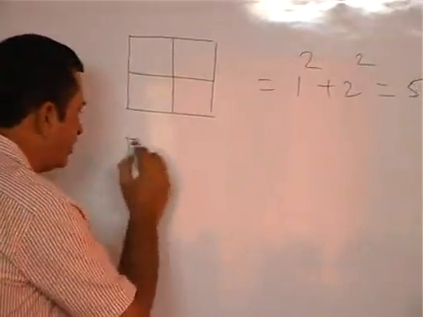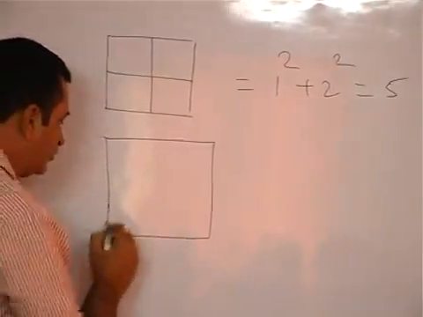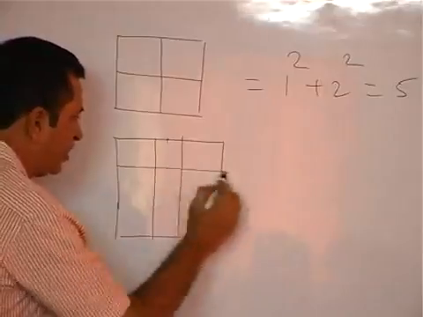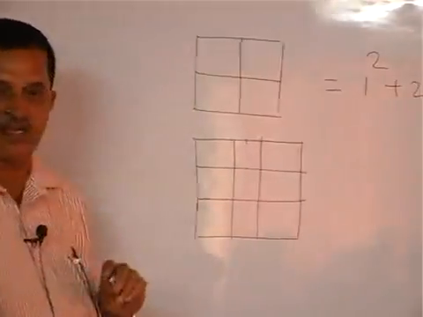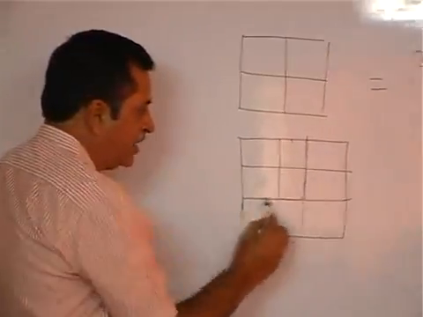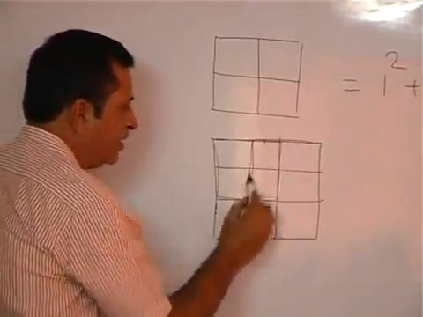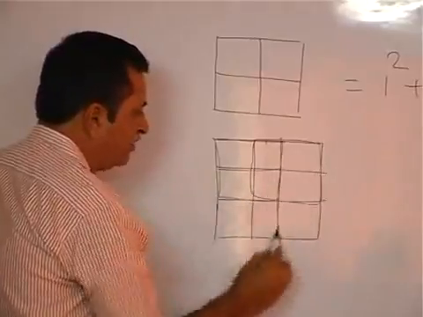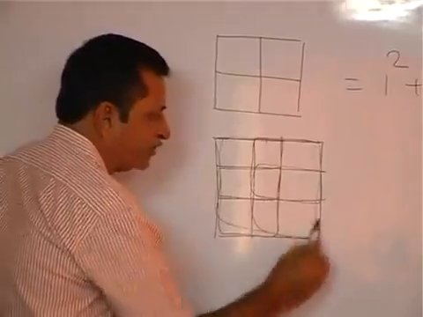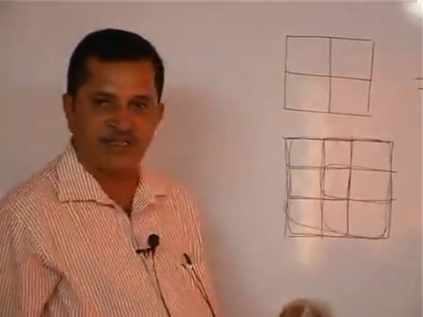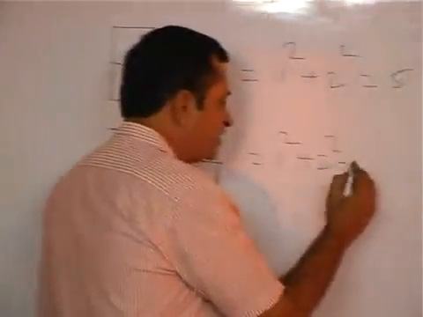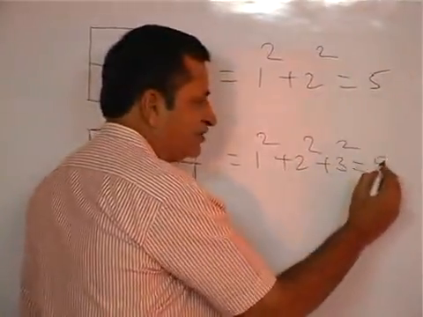Suppose if I take a 3 by 3 chessboard, how many squares will be there on a 3 by 3 chessboard means 9, 10, 11, 12, 13 and 14. Because it is a 3 by 3 chessboard, sum of the squares of the first three natural numbers.